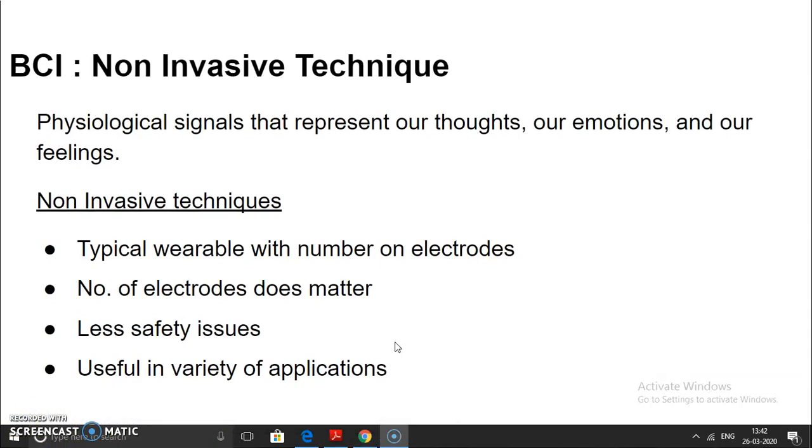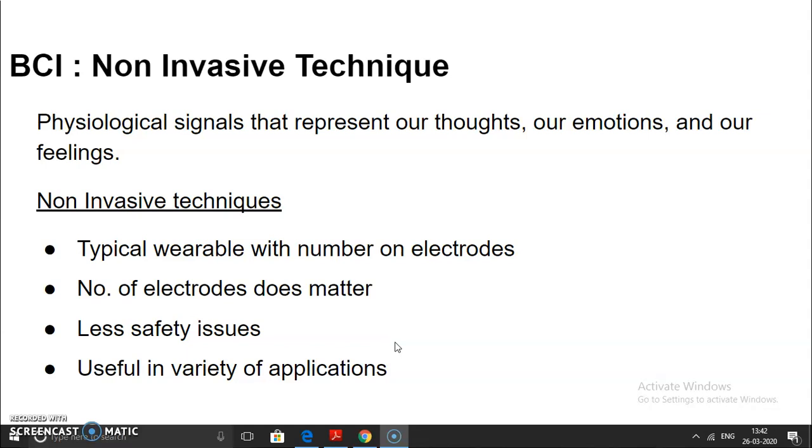So the question is, is it really necessary to put more electrodes to get more data? Yes. Fewer electrodes means less data. More electrodes means more data. If you want a better analysis of the data, then we need more electrodes.